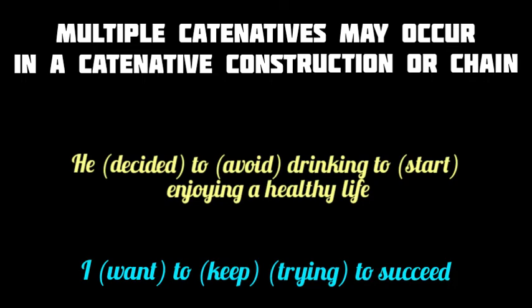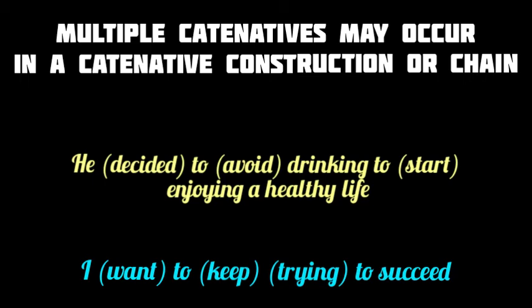Then we see the verb avoid catenating or combining with the gerund drinking. Hence, avoid is also a catenative verb here. Further, the verb start also catenates or combines with the gerund enjoying. Hence, start is also a catenative verb here. But mind you, drinking, which is followed by the infinitive of purpose to start, is not considered catenative.